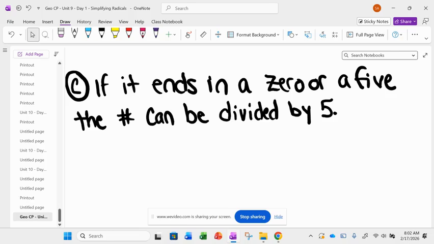So what does this mean? Any number that ends in a 0 or 5. Like 55 could be divided by 5. 95 could be divided by 5.